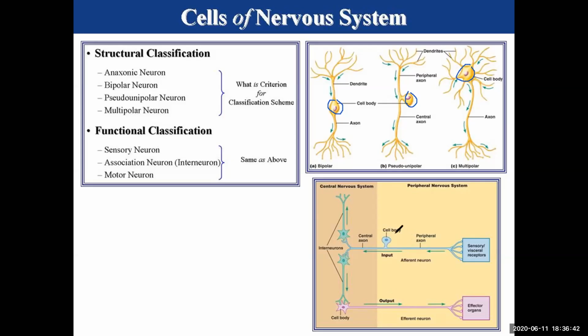So the first order neuron, a sensory neuron, is a peripheral neuron, but the lower motor neuron, a motor neuron, would be a central neuron due to the respective cell bodies. The sensory neuron, the cell body is outside of the central nervous system. The lower motor neuron, the cell body is within the central nervous system.